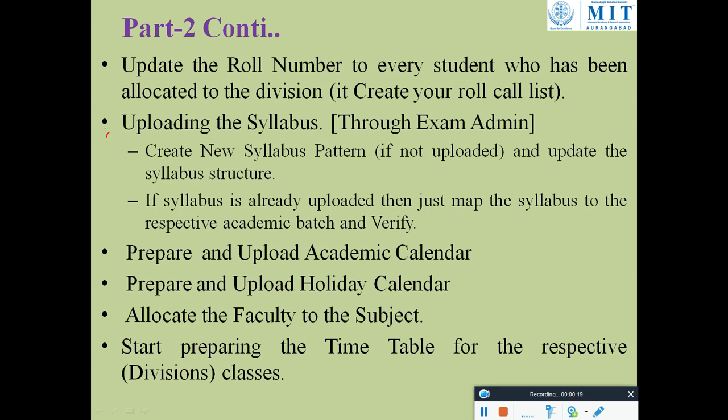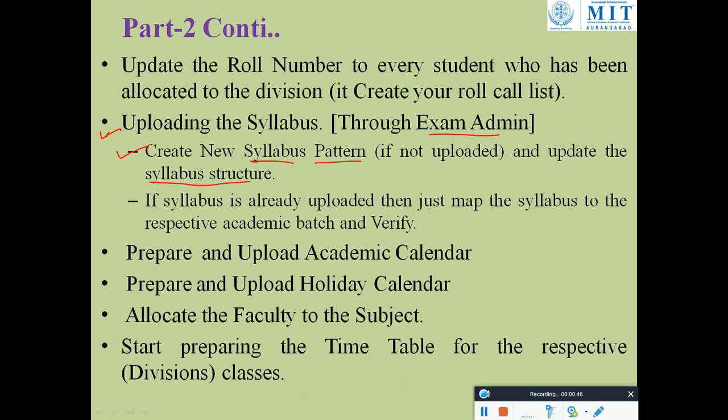So in part 2, the first step we are going to see is how the academic admin can upload the syllabus. There are two scenarios. Either the syllabus is not uploaded, so you have to create a new syllabus pattern and update the syllabus structure by using the exam admin.